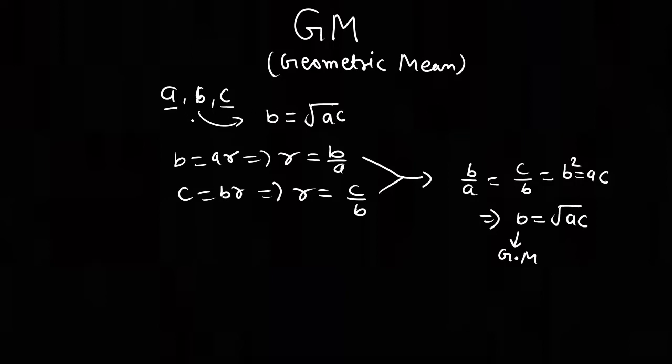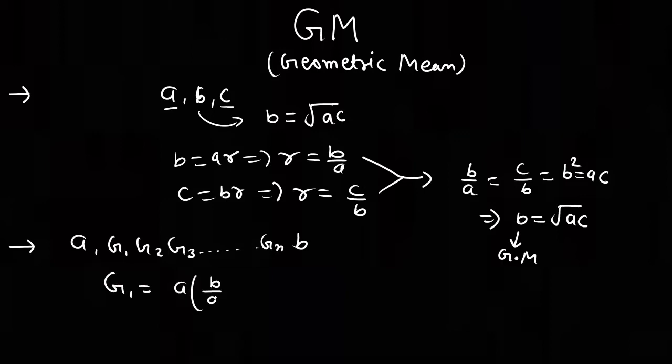And if there are n geometric mean terms between A and B, like A, G1, G2, G3, dot dot dot, and Gn, and there's B. So G1 will be A into B by A raised to the power 1 by n plus 1.